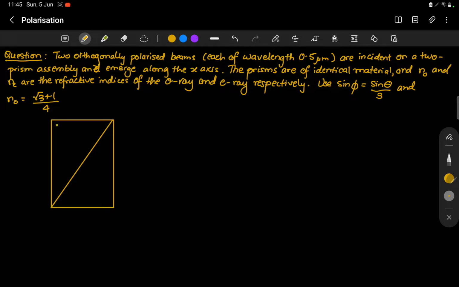Then this is the optic axis for the first prism, coming out of the plane of the screen, perpendicular to the plane of the screen, and this is the second prism. The optic axis of this is in the plane of the screen.